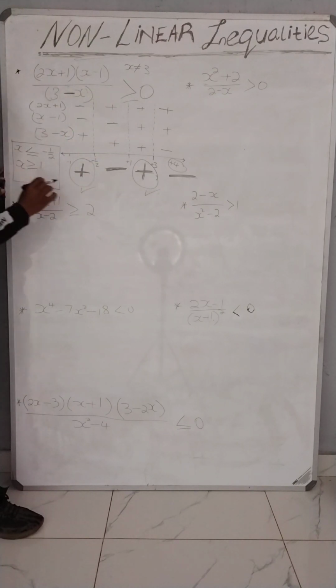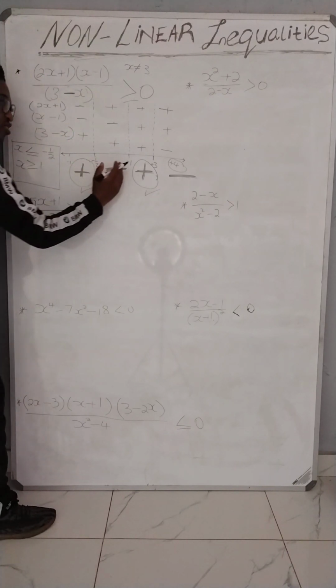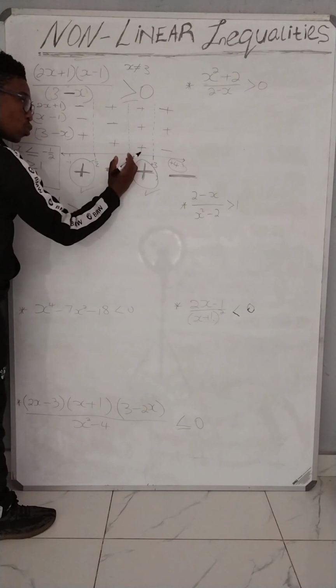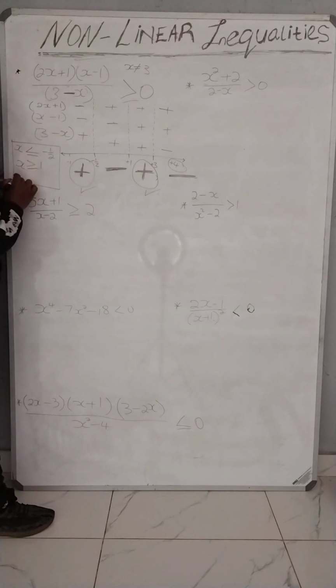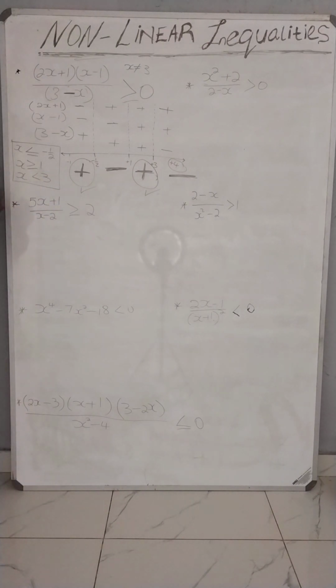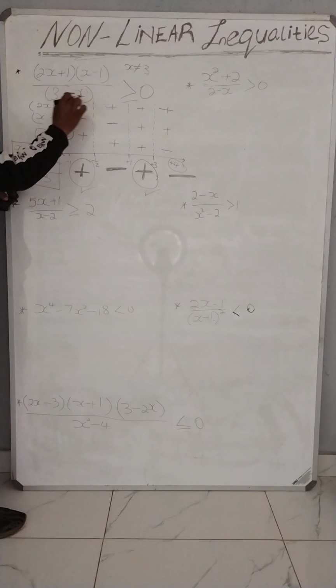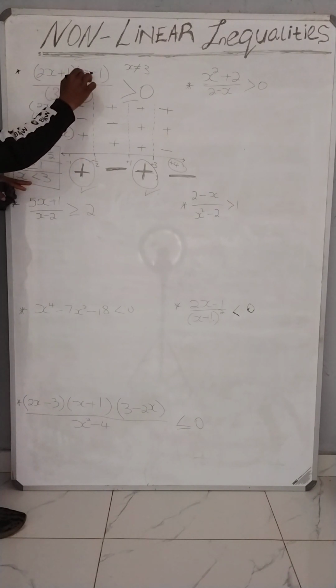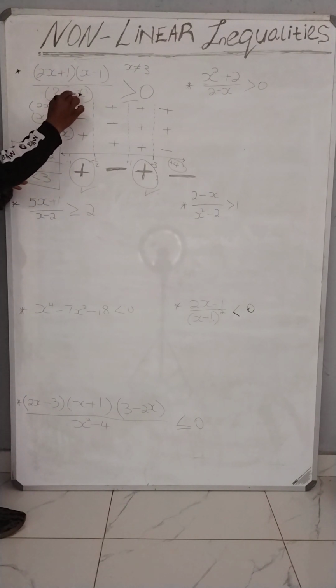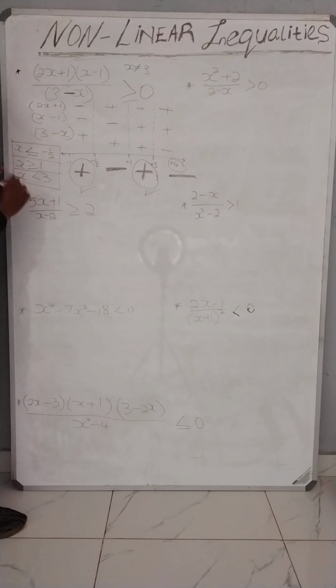So our x is equal to 1 or bigger, but our x is less than 3. We cannot say it is equal, because if it becomes equal, we have this situation here. It can be equal here, it can be equal here, but it cannot be equal in the denominator because it's going to be undefined.